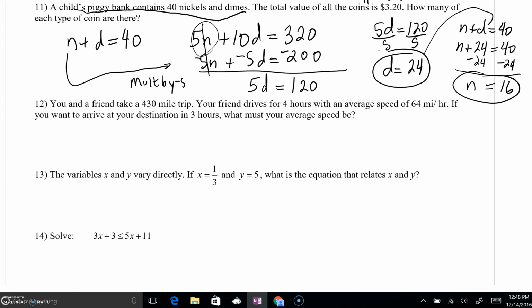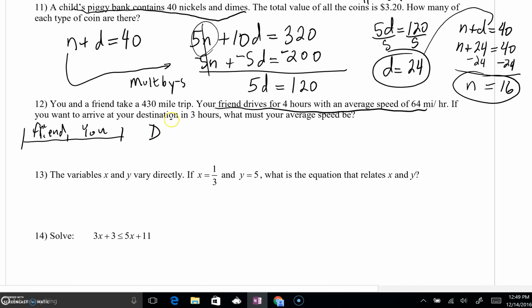Let's take a look at number 12. You and a friend take a 430-mile trip. You're going to share that trip. Part of the trip you will drive, part of it your friend will drive. So it says your friend is going to drive 4 hours with a speed of 64 miles per hour.